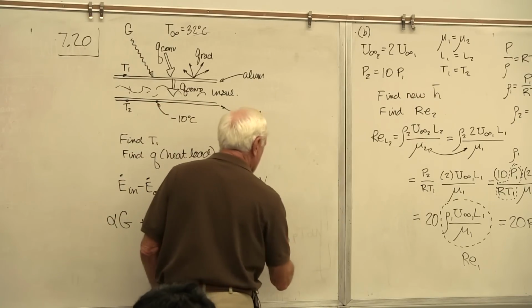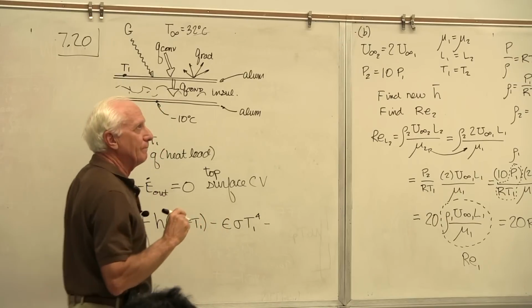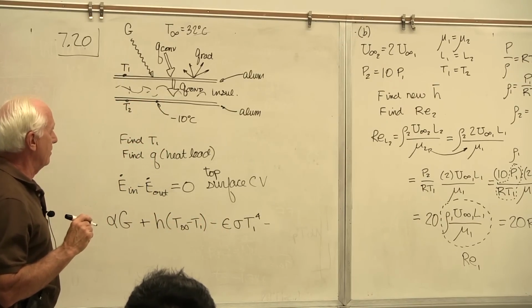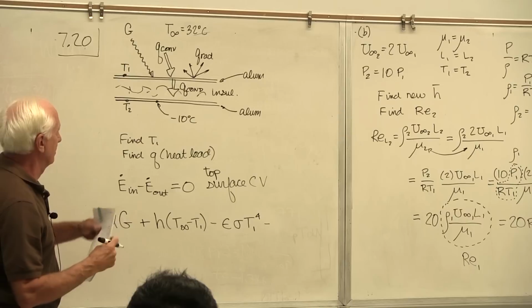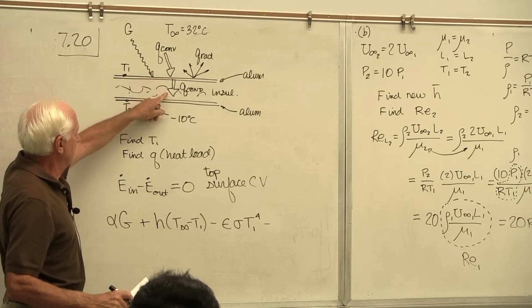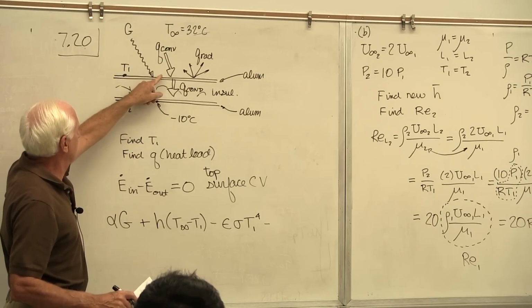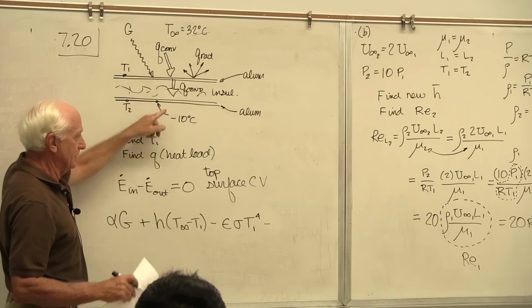Now we have conduction. Conduction, chapter 3. This is a 3-layer in series combination: aluminum, insulation, aluminum. High temperature, T1. Cold temperature, T2.